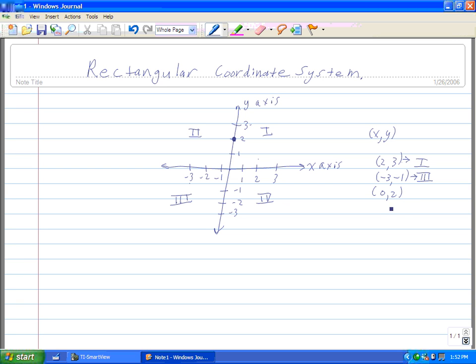We can say that it falls on the positive side of the y-axis, but that again does not put it in any one of the 4 actual quadrants. It is just on one axis or the other if you have 0 in either the x position or the y position. So this is how our coordinate system is made up.